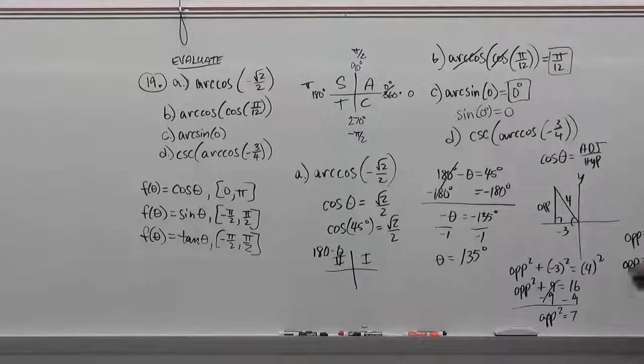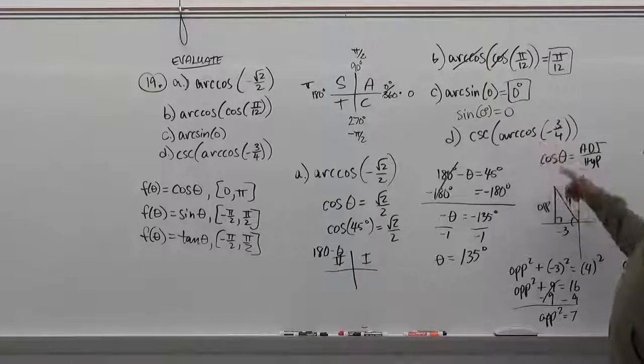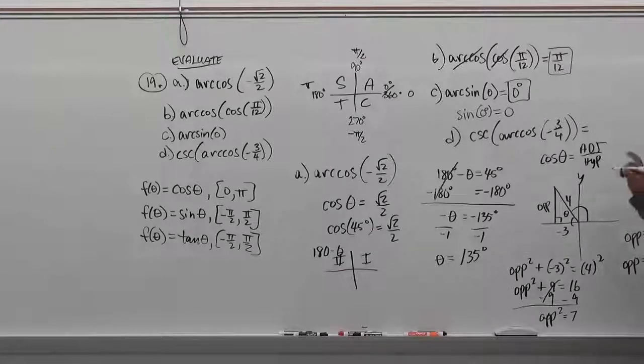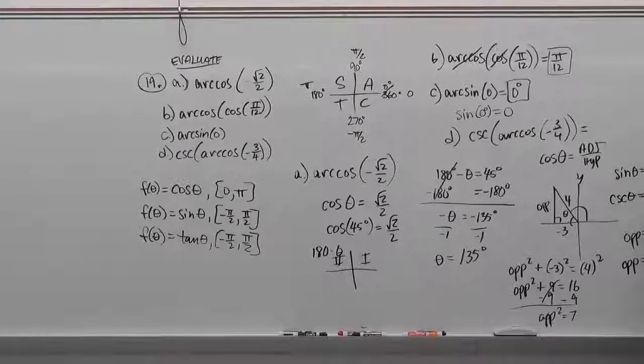Now this gives us our angle theta. But we don't need the angle, what we need is the cosecant. And if we remember, cosecant is the inverse of sine, right? Because the sine of theta is equal to 1 over the cosecant of theta. So cosecant is 1 over sine.